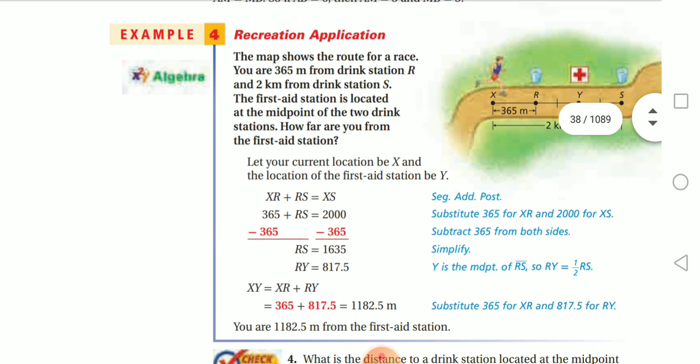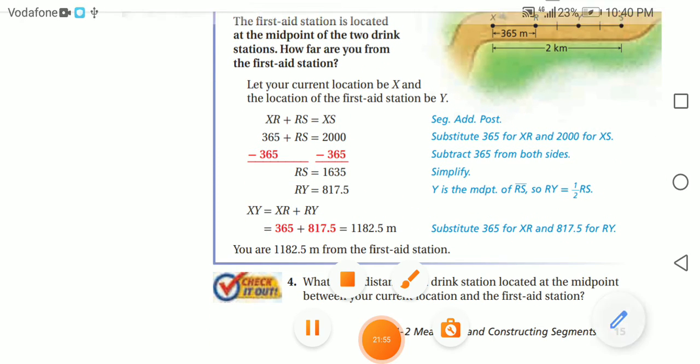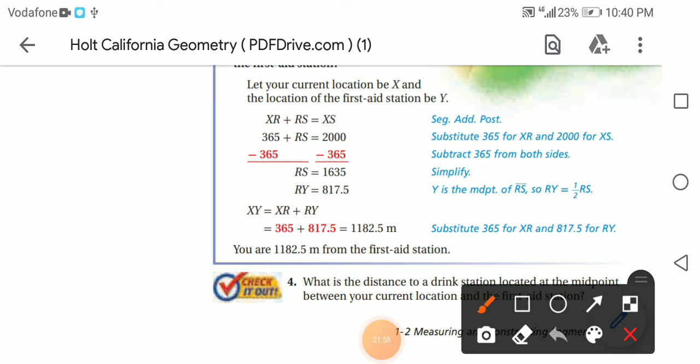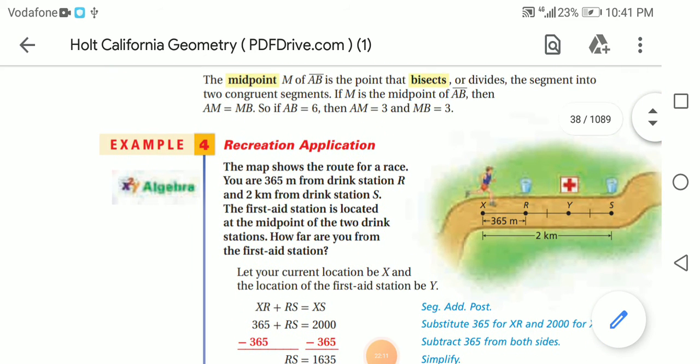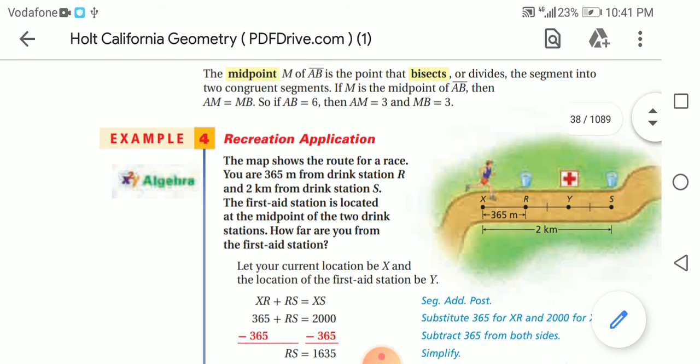So let's solve. Let your current location be X, as we have said before, and I have XR plus RS equals XS. When I have a math problem, I can use drawings or tables. All of these can help me solve the problem. We have taken this before in problem solving steps, so this is important to mention.